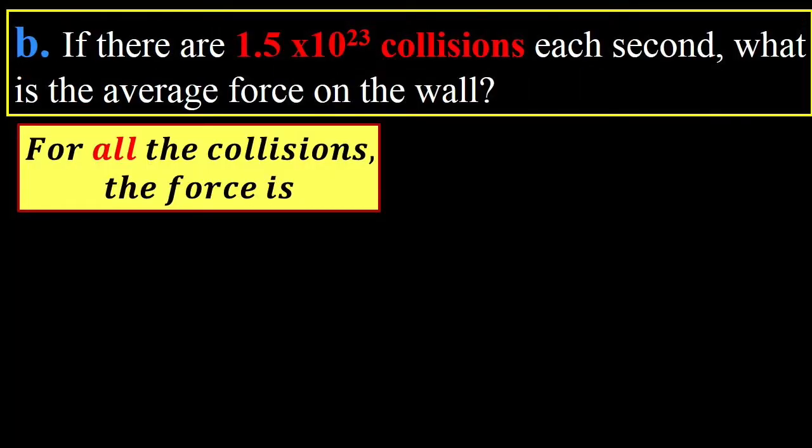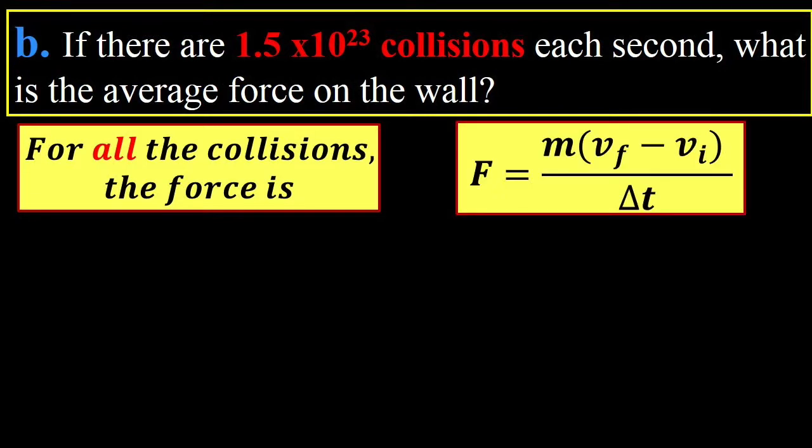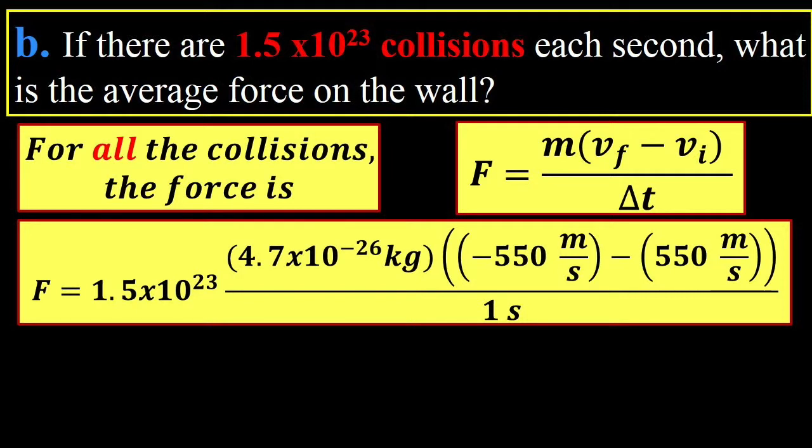For all the collisions, the force is calculated the same way it was for part A: the mass times the change in velocity divided by the change in time, which is 1 second. That's the same thing we did in part A, but this time we're going to multiply that value by 1.5 times 10 to the 23 collisions.